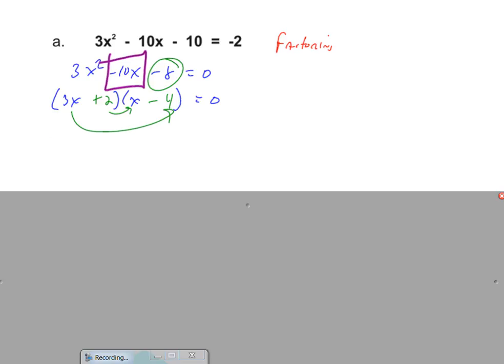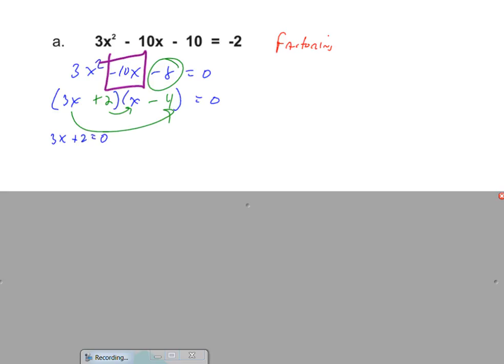Okay, just for clarity's sake, normally I would just solve this first equation. But remember, you set it equal to 0 and solve, right? It's a little equation now. Because of the zero product property, if you have a bunch of things multiplied together that equal 0, one of them at least has to be 0, right?